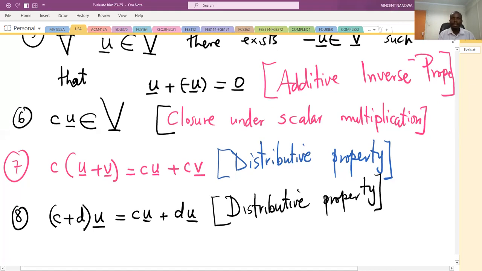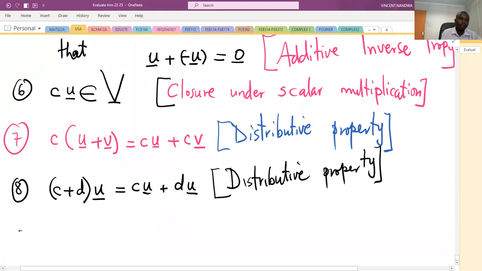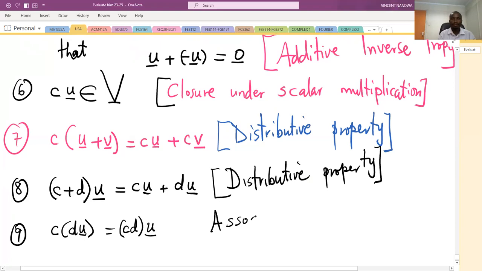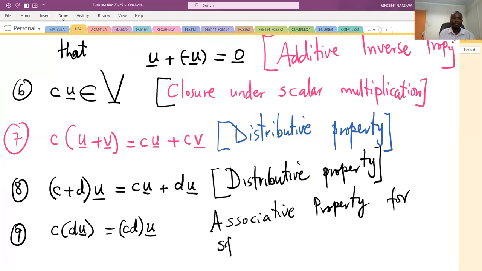And number 9, if I take C, I multiply by DU, the same as C times D, you multiply by U. This is associative property for scalar multiplication.